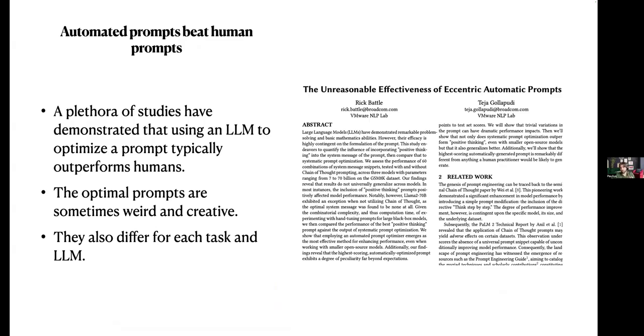There's one really interesting study called The Unreasonable Effectiveness of Eccentric Automated Prompts. What they basically show is that they used automated prompt engineers to automate prompts for specific mathematics tasks. You had a bunch of mathematics tasks, and you compared two different outputs.